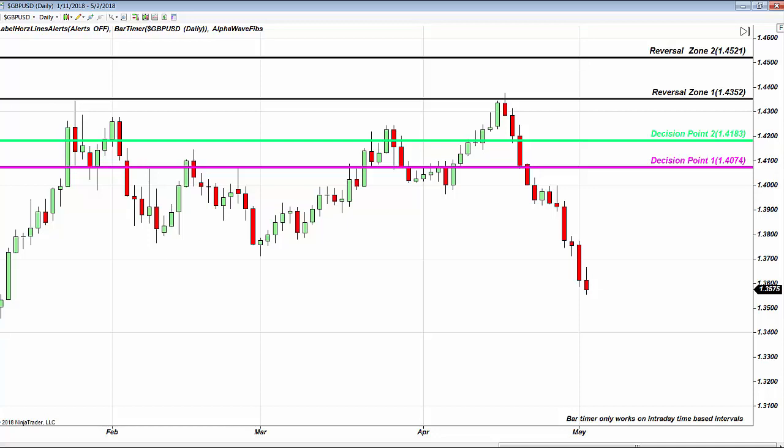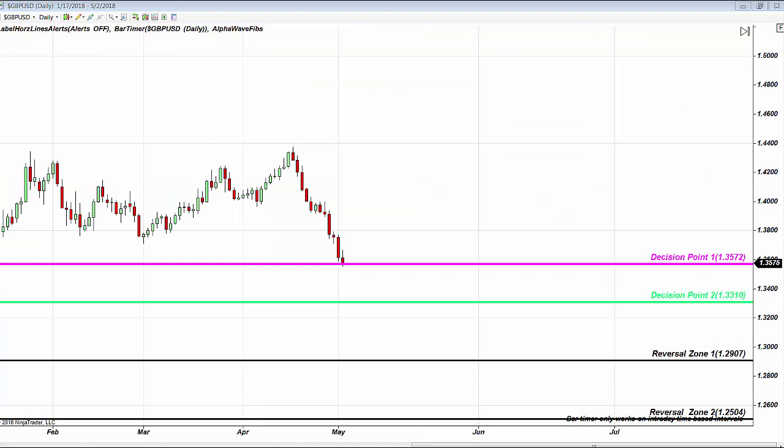Is the sell-off exhausted? Highly possible. Let's take a look. Pound dollar sitting at crucial Fibonacci support at the end of the minor trend. Knowing what to do with your position at this key support is very, very important. If this support is out, pound dollar will go into free fall to 33.10.